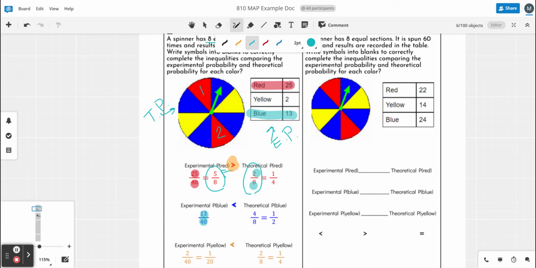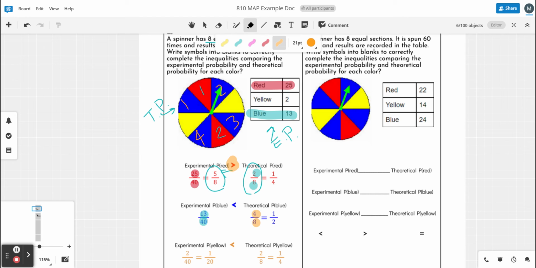On the spinner, there are 1, 2, 3, 4 blue sections, and that is represented by the fraction 4/8 because there are 4 blue sections out of 8 total sections. This fraction simplifies to 1/2.